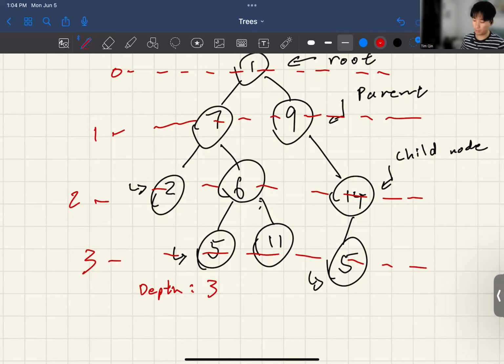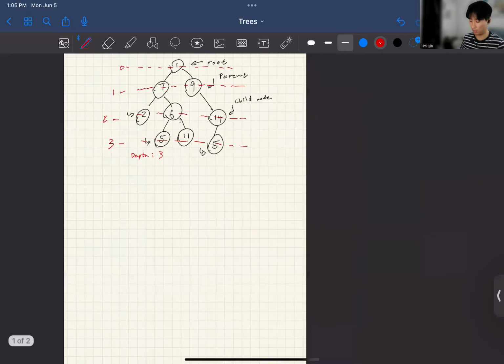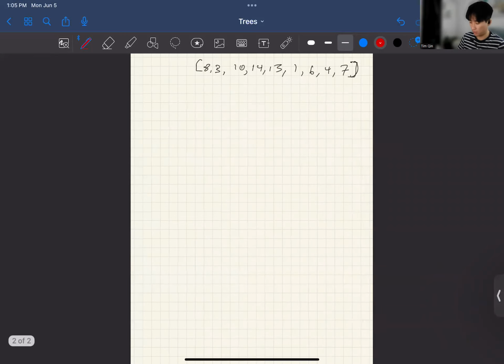So the next example of a tree we'll be looking at is the binary search tree, which essentially has a couple of properties. The properties are that the left child node is always less than the parent node, and the right child node is always greater than the parent node.